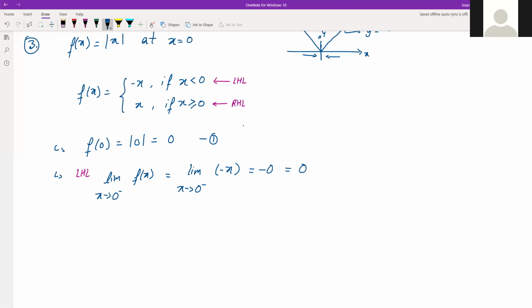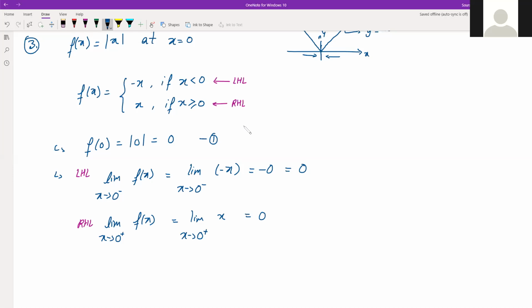Now coming to the right hand limit. For that we are going to use the second function: limit x tends to 0 from the positive side of x, which is equal to 0.